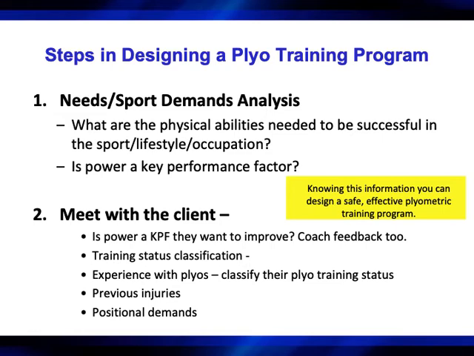Knowing this information, you can create and design a safe, effective plyometric training program. Remember, the goals of program design are the same. Prevent injuries or minimize injuries by targeting and strengthening areas of injury. Second of all is increase system tolerance and capacity and improve relative performance for that individual.